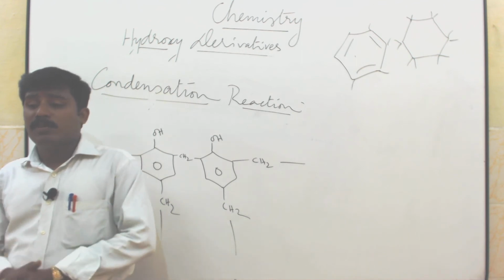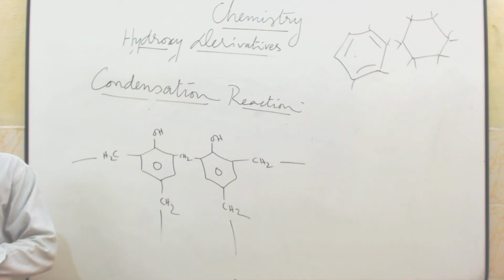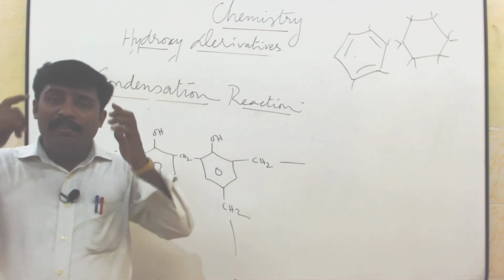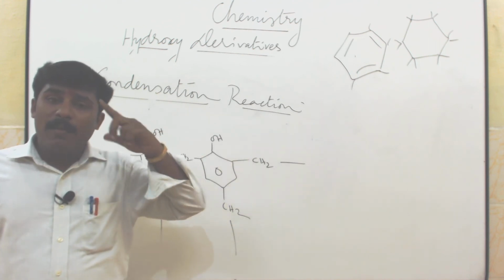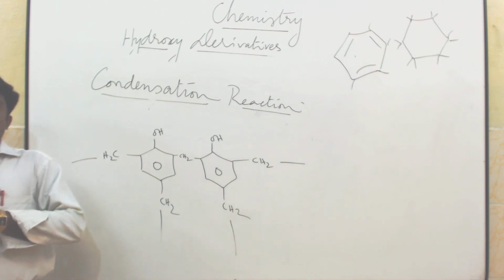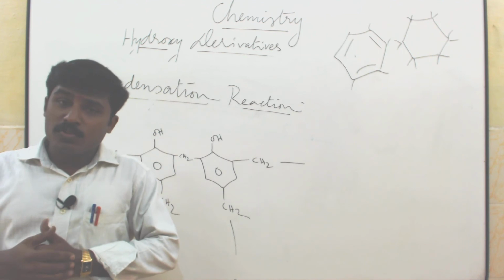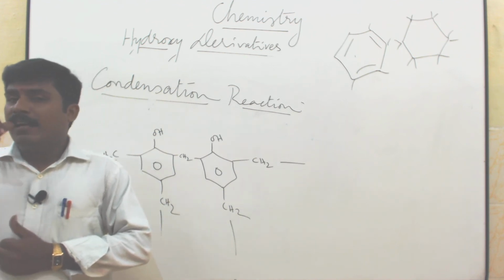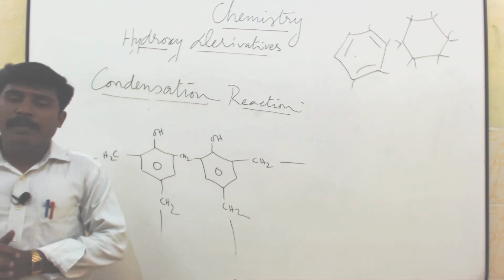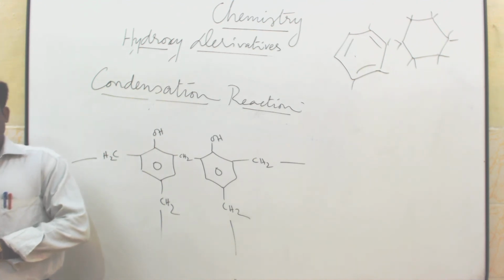So what are the uses of this? Phenols have very important uses, very useful industrially. Not only in industry, but in preparing dyes, in the coupling reaction: benzene diazonium chloride coupled with phenol, in the presence of base at 273 Kelvin, gives para-hydroxyazobenzene, nothing but a red-orange dye. Phenol is also useful in preparing drugs, plastics, explosives and pesticides.